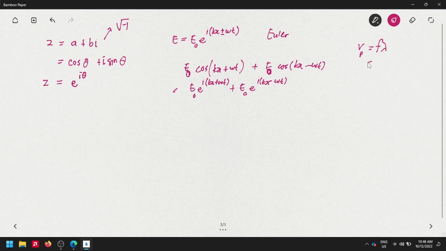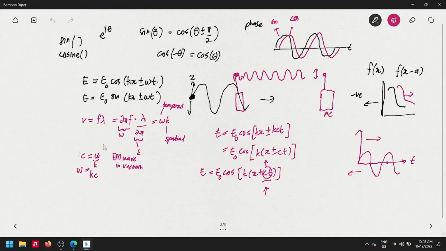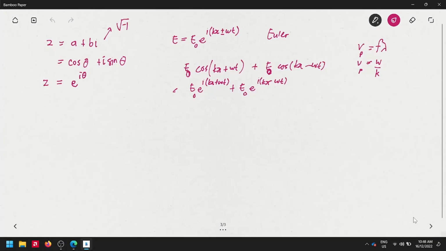For example, here the speed is given by omega over k, right? This is omega over k. I've explained in the previous slide over here. Okay. So meaning to say, this is the phase velocity, but the group velocity is given by d omega over dk, which is more complicated. Okay.